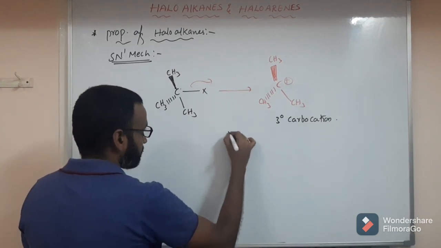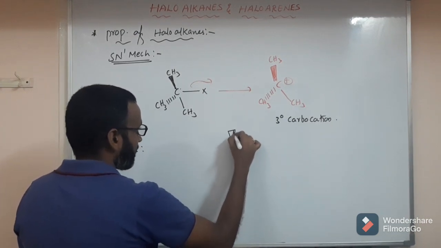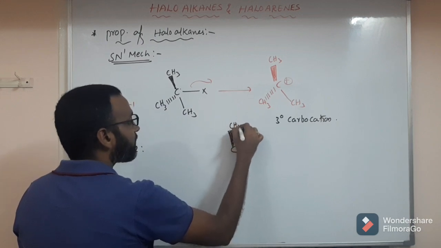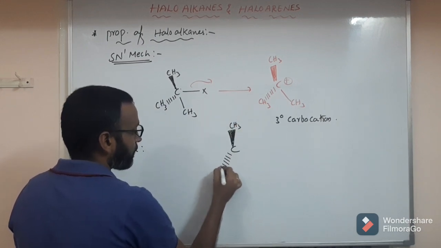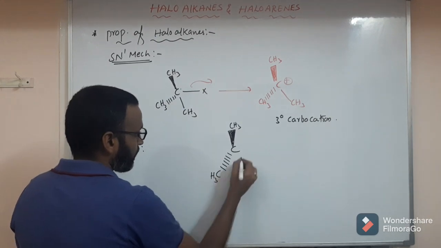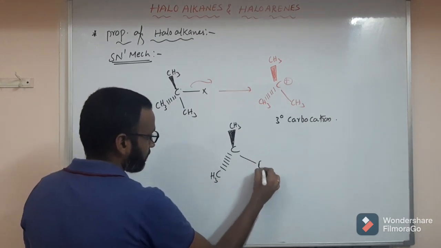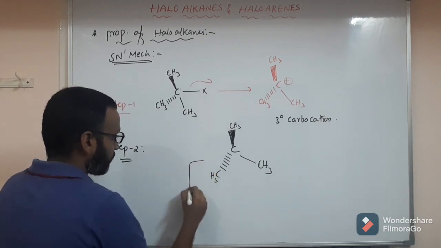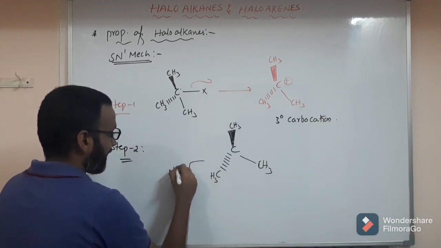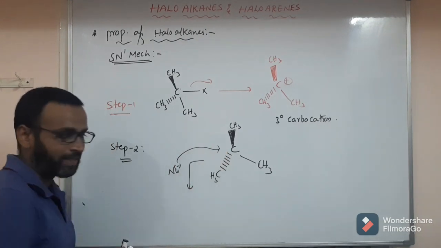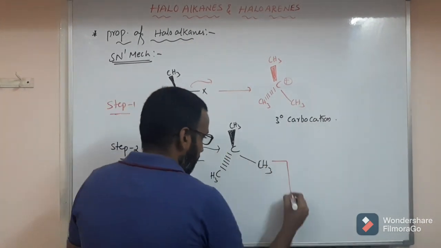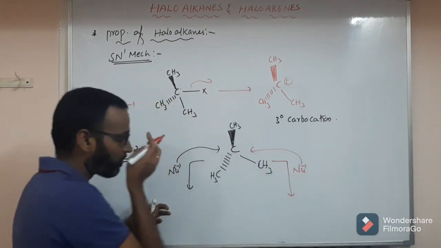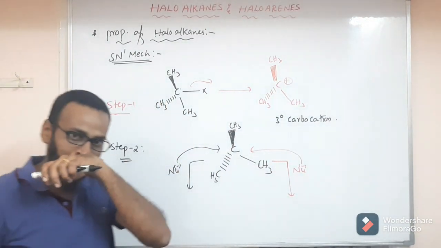Now in step 2, what happened? For this tertiary carbocation, who is going to add? Mr. Nucleophile. Here you have a methyl, here one more methyl. That nucleophile can approach either from the backside or from the front side. Both are possible now. Why?